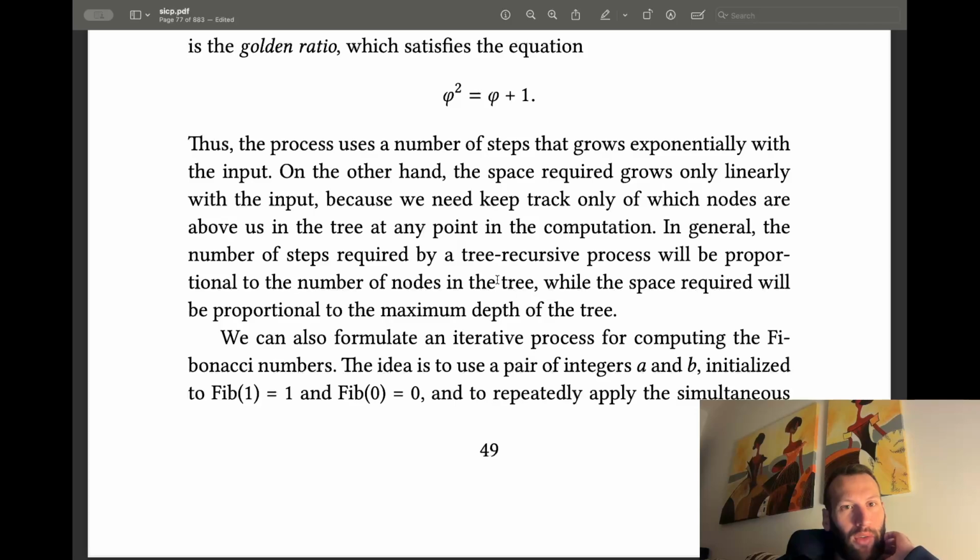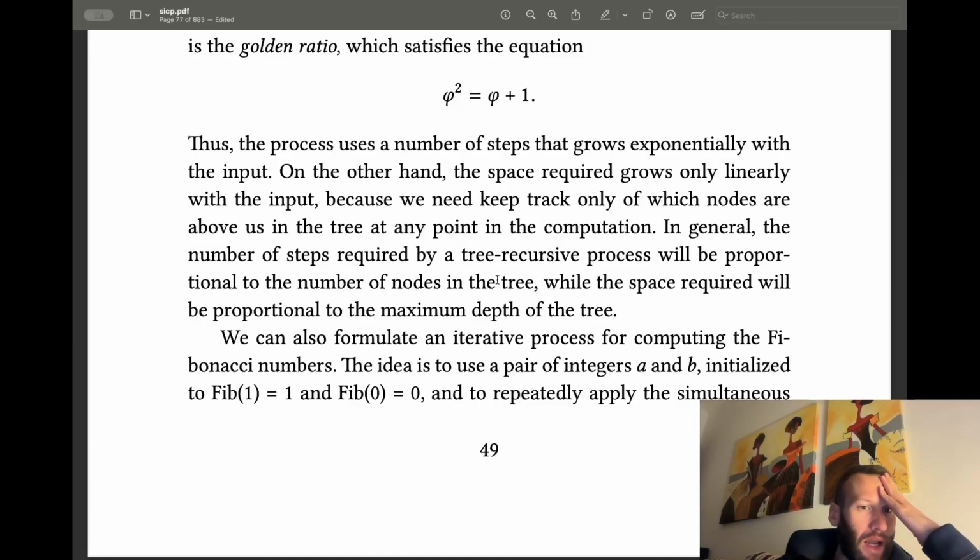Thus, the process uses a number of steps that grows exponentially with the input. On the other hand, the space required grows only linearly with the input, because we need to keep track only of which nodes are above us in the tree at any point in the computation.